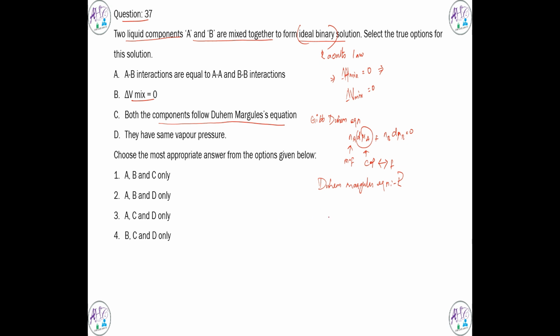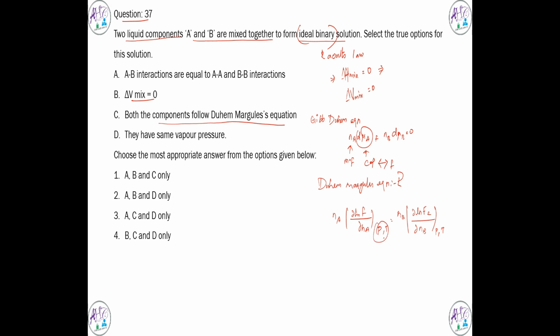The formula is Na d ln f by d Na, at constant pressure and temperature. You can see this equation gives a broader picture about what is happening.